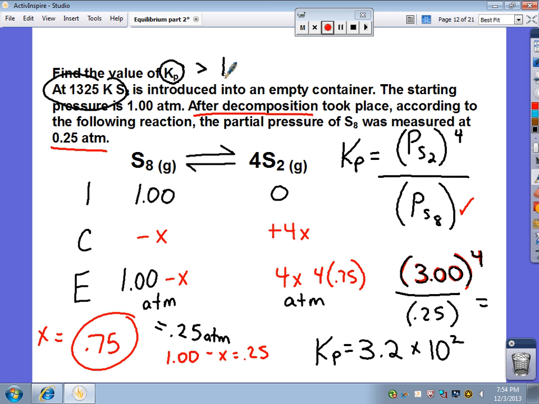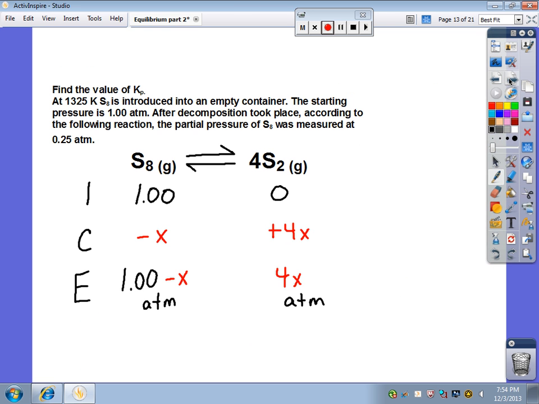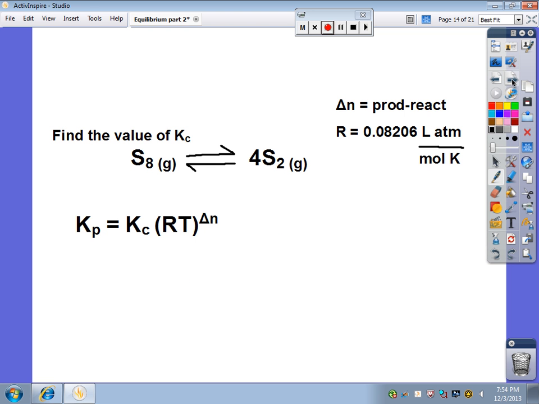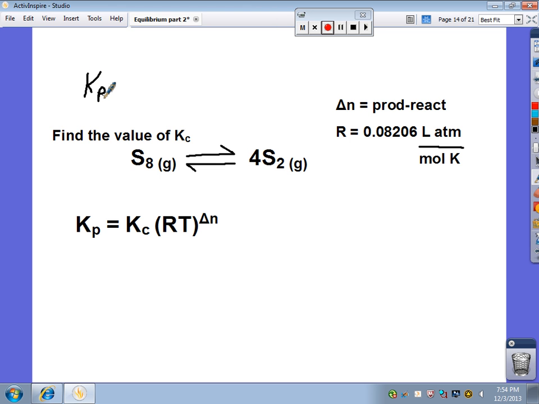Let's try one more. Actually, it's not one more, it's a twist on this. Same problem. It's to find the value of Kc. So what was Kc again? We just found Kp, and the Kp that we found was 3.2 times 10 to the 2 at 1325 Kelvin.